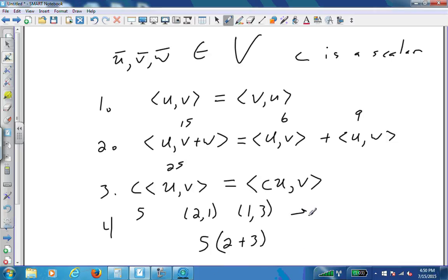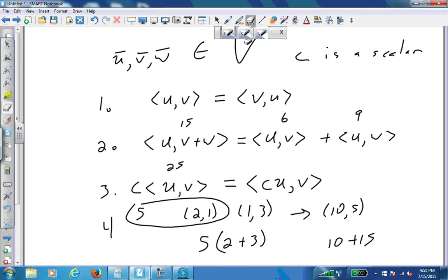If we take our scalar times u, we get (10, 5), and if we dot that with v, we have 1 times 10 plus 3 times 5, which also makes 25.